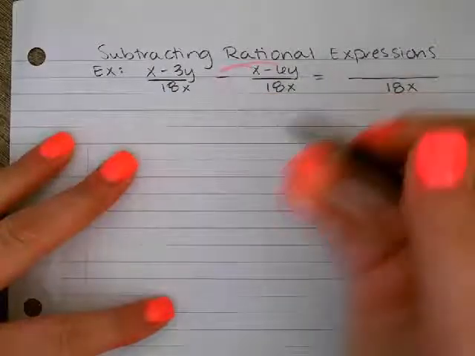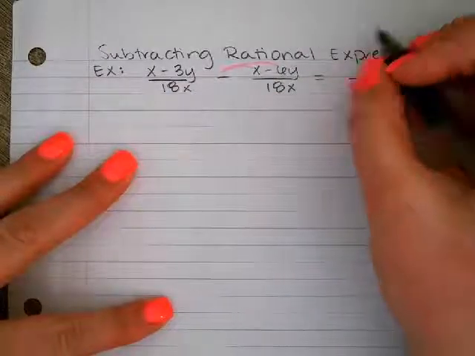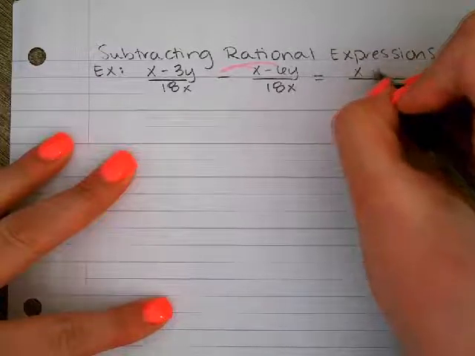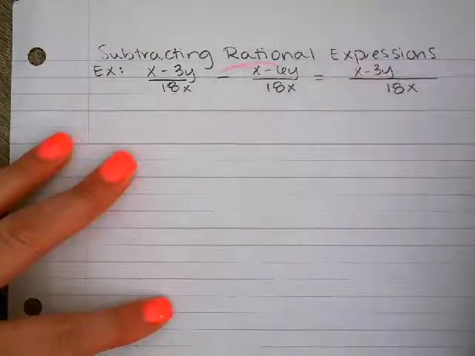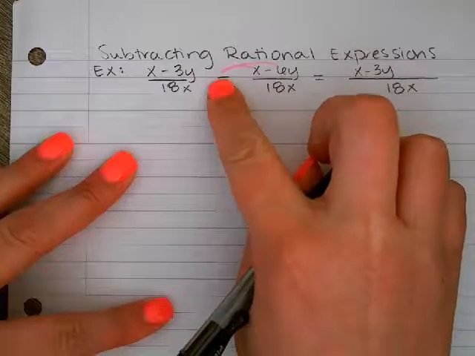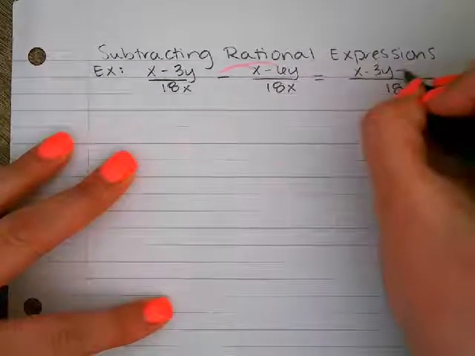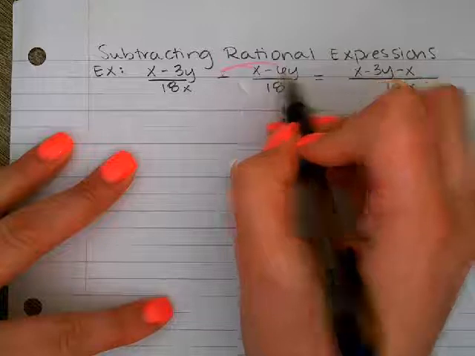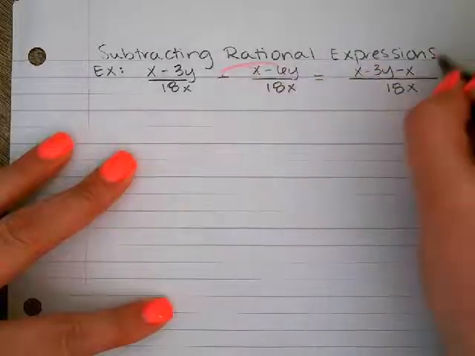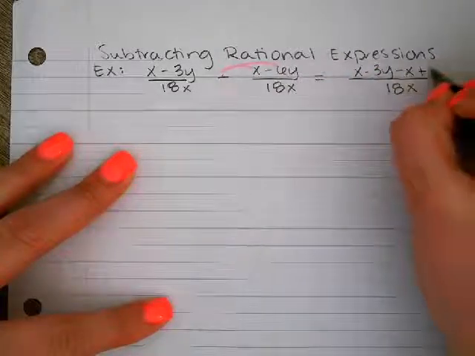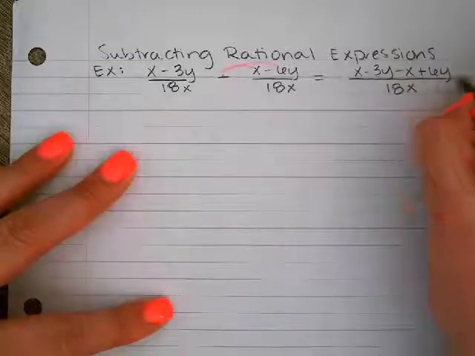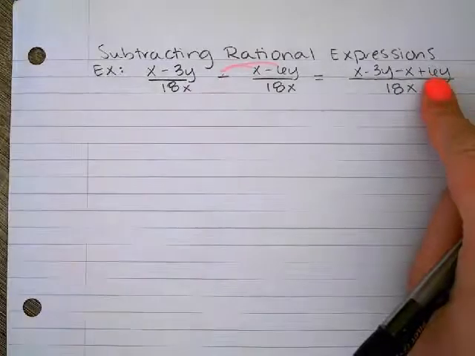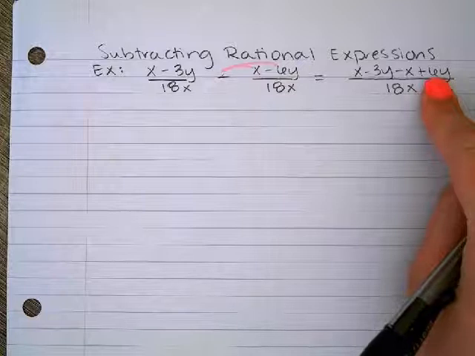So I'm going to copy down the terms from that first fraction, x minus 3y. That part's going to be easy, no mistakes there. And then I have a negative x, minus negative 6y, minus minus makes a plus, so I'm going to say plus 6y. That's the most likely part to make a mistake on, that second term.